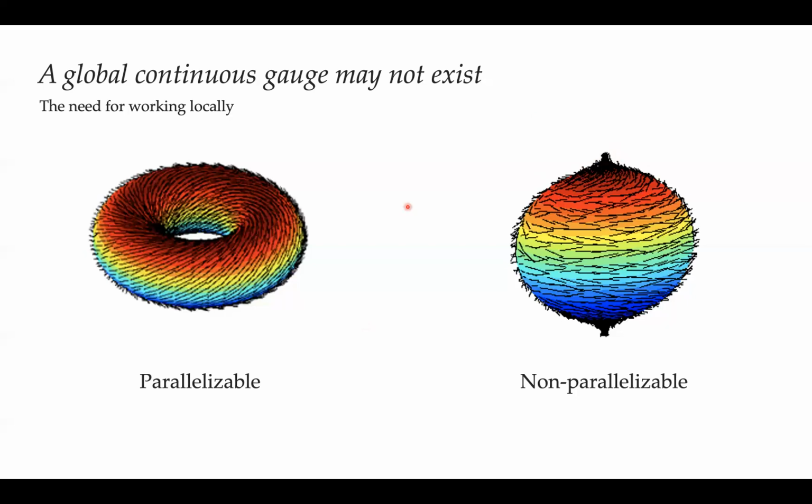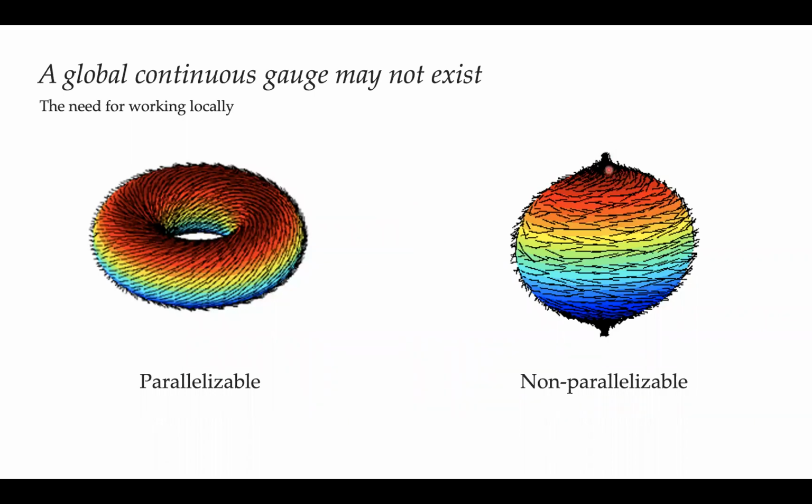So this necessitates the use of local gauges, at least in the mathematical theory. In practice, sometimes you can get away with just not caring about smoothness. We're going to have to discretize our manifold anyway. And so we could also just put some arbitrary frame here at the North Pole, and it will not be smooth.